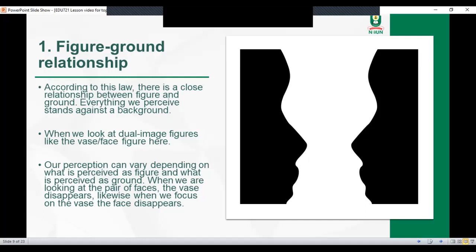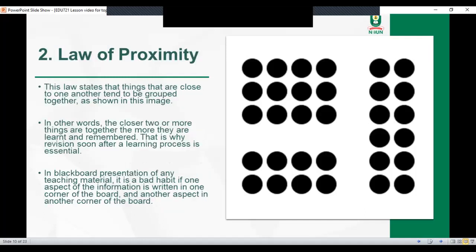Okay. So let's look at the second law. Yeah, what can you see there? The second law is the law of proximity. This law states that things that are close to one another tend to be grouped together.